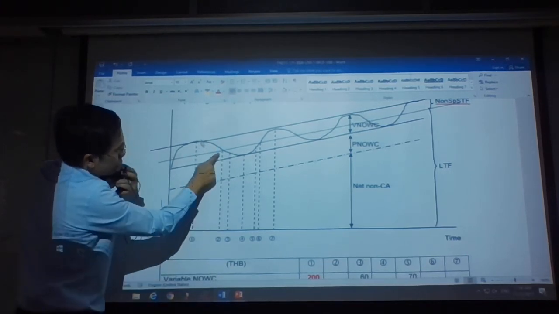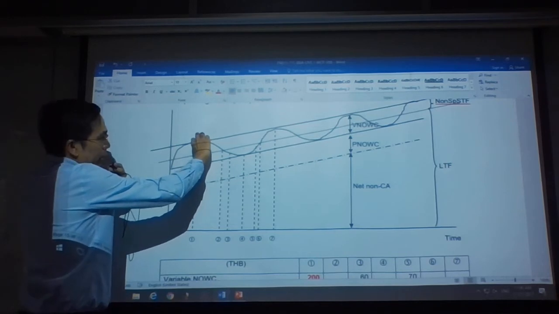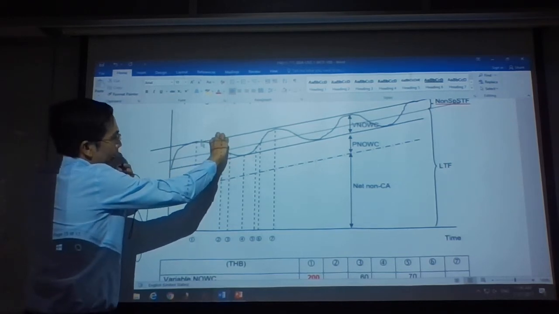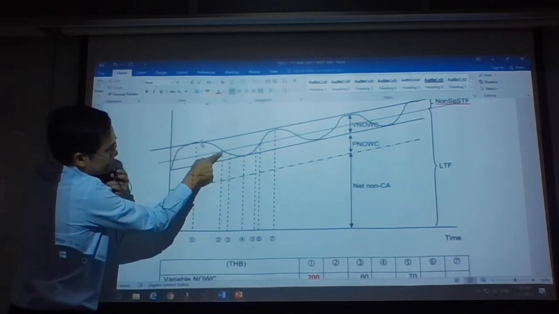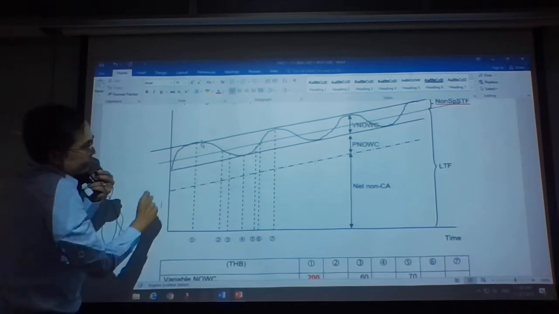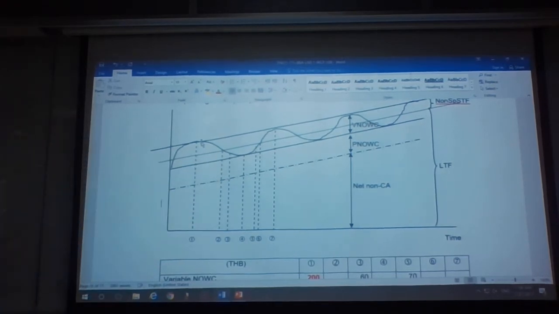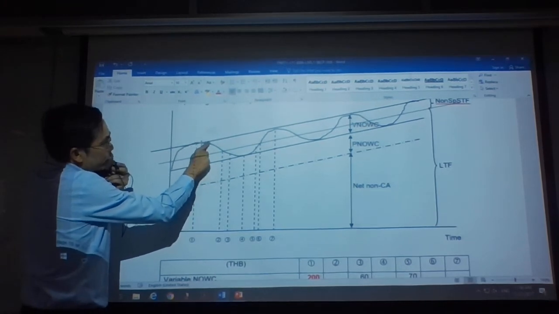So at point number 2, the part of the net operating working capital that is variable will be gone, leaving only this part. And at the second point, there will be no more short-term funds, because all of them have been repaid from point 1 to point 2.